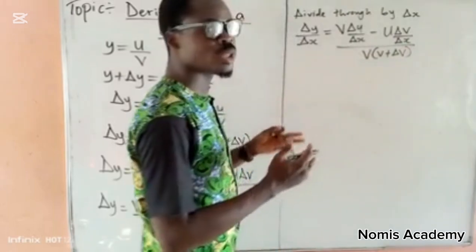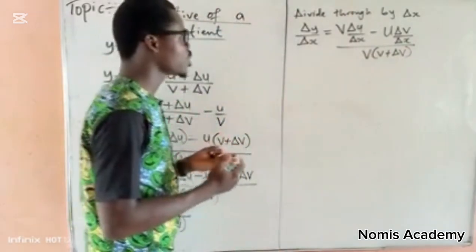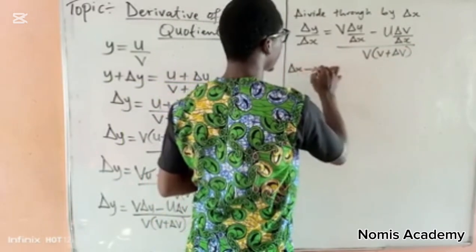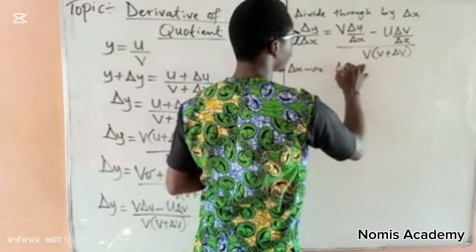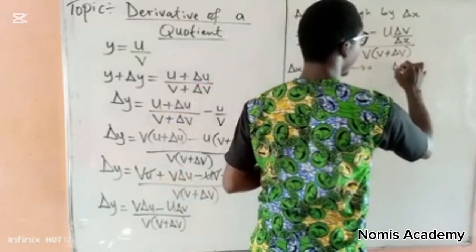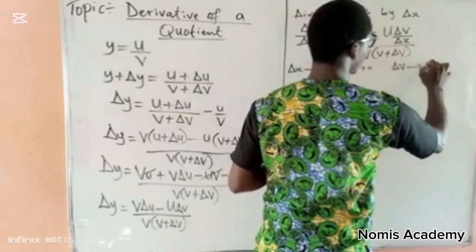At this point we take the limit of the function. Limit as delta x tends to 0, delta u tends to 0, and delta v tends to 0.